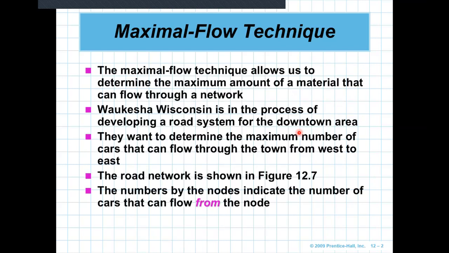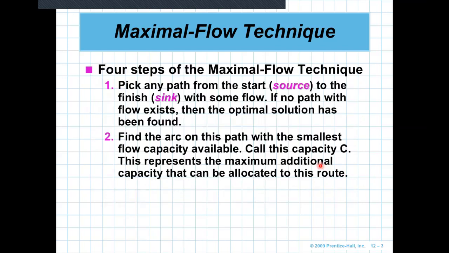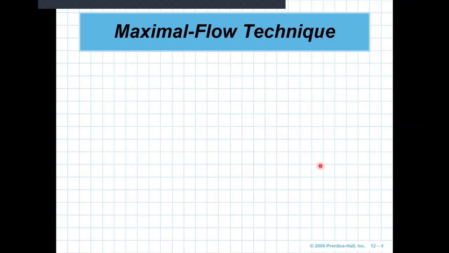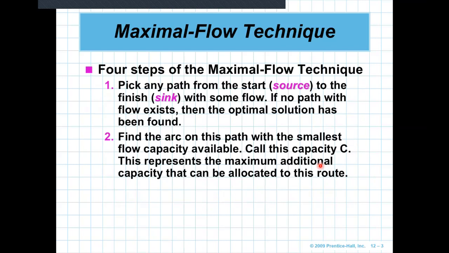Because it says from west to east, we need to find any path from number 1 to number 6. Then find the arc on this path with the smallest flow capacity available. See the capacity numbers and choose the smallest one.